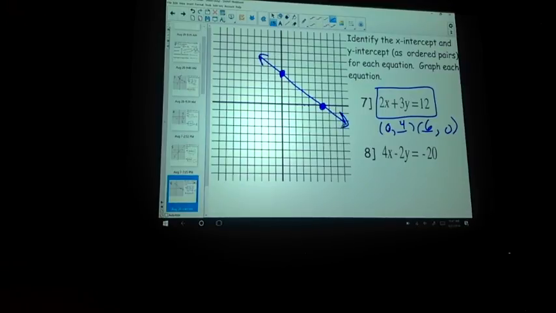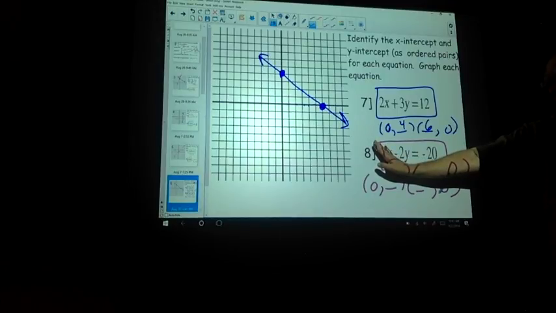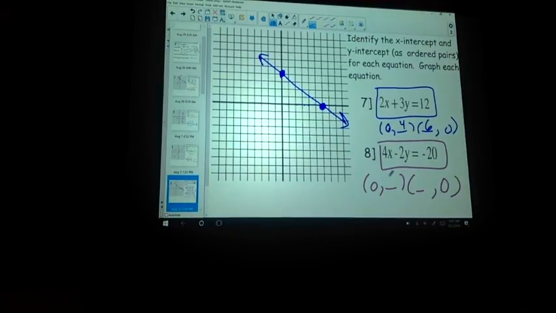That one's done. Let's try the cover method on this one. So again, it's 0, comma, blank, blank, comma, 0. That's an x value, right? So I'm going to flip 0 for x, so I'll cover that. So -2 times y equals -20. So -2 times what number gives me -20? Positive 10. So 0, 10. 6, 7, 8, 9.